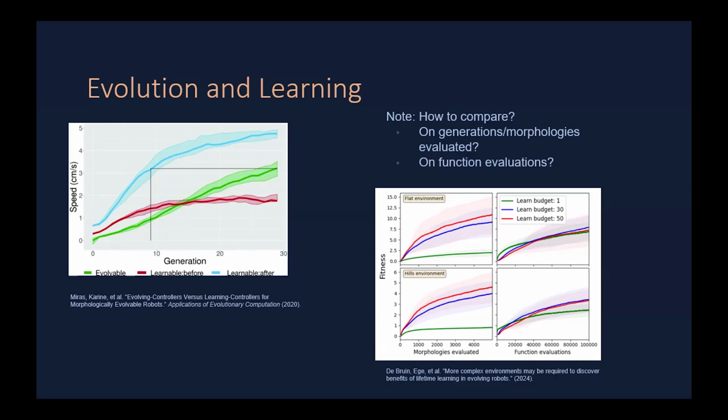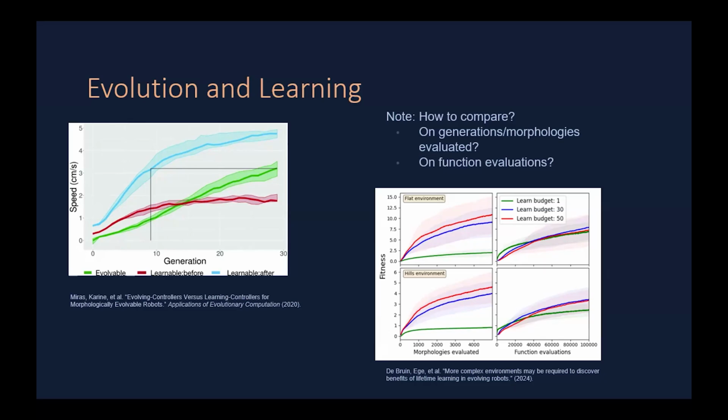In simulation, it takes like a millisecond to build a robot, but the actual evaluation takes a few seconds. So in that case, it might make more sense to compare evolution only to evolution and learning on function evaluations and not on generations, because every generation, if you add learning, has more function evaluations.